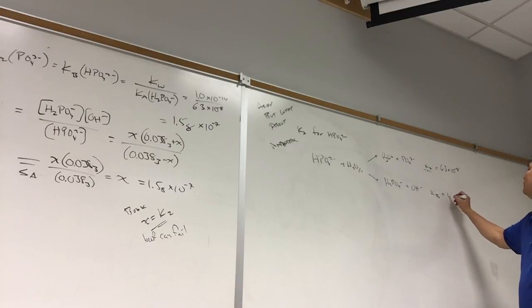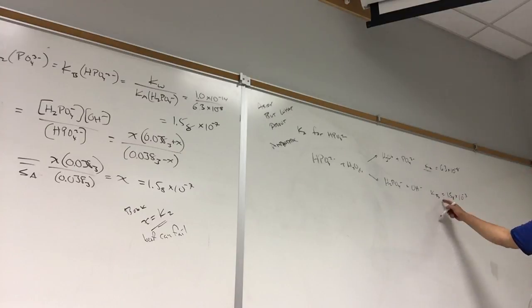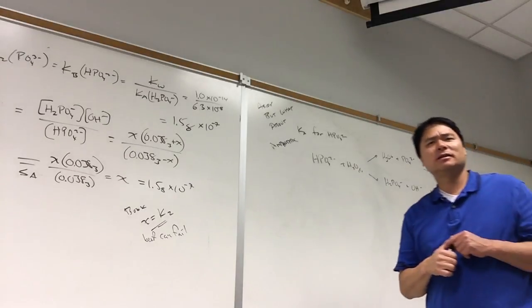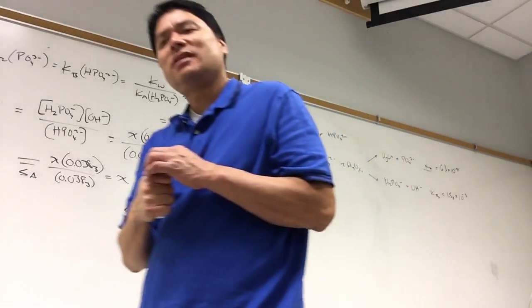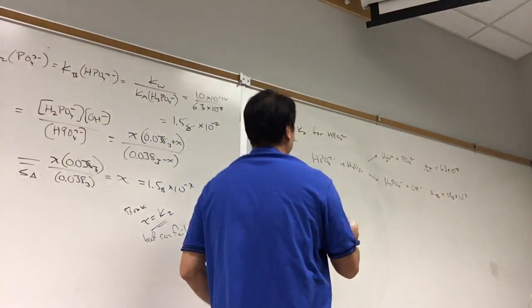The Kb was 1.58 times 10 to the negative 7. And so it looks like the Kb's favored. If Kb's favored, maybe it's a base. So one's 10 to the negative 7, the other's 10 to the negative 8. Can we just turn off the 10 to the negative 8 collisions and say, no, you can't happen, right? Yes? No? No.